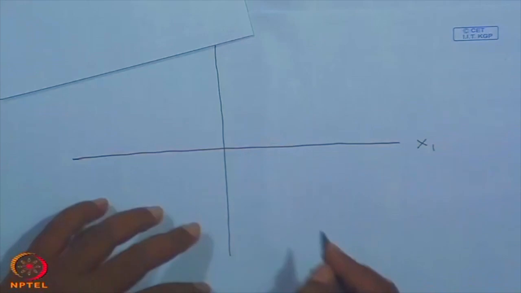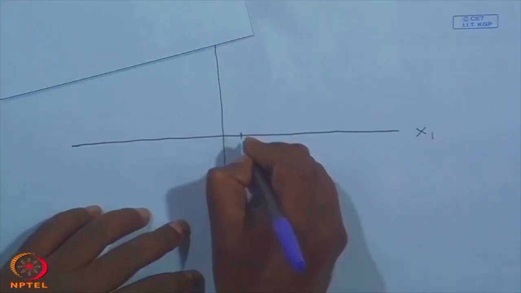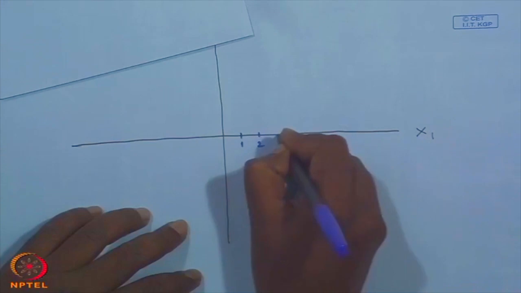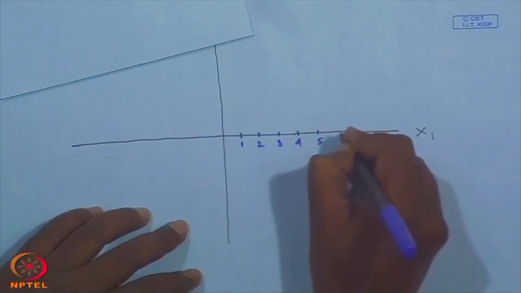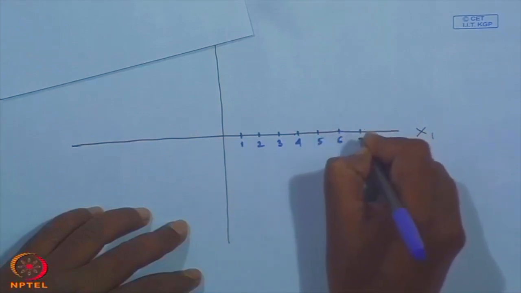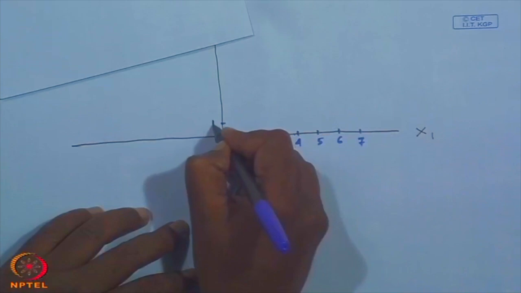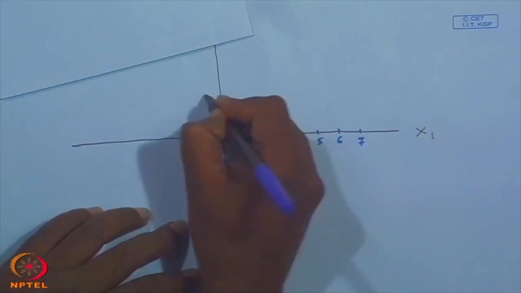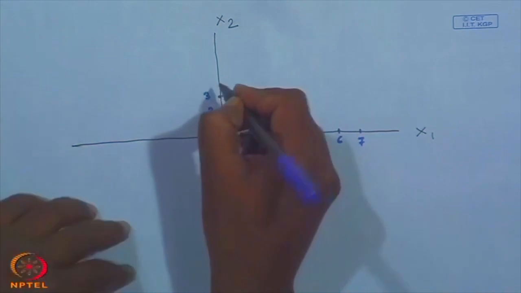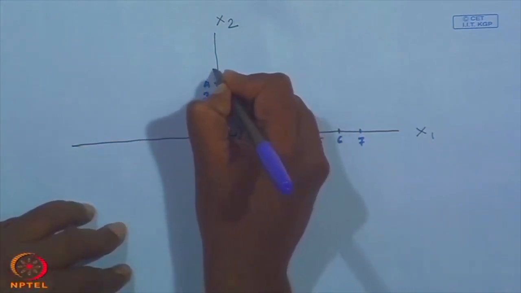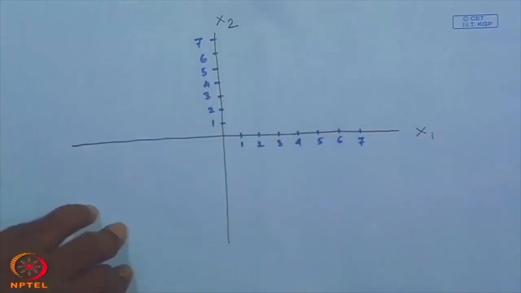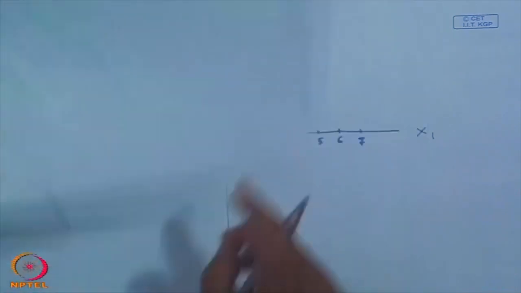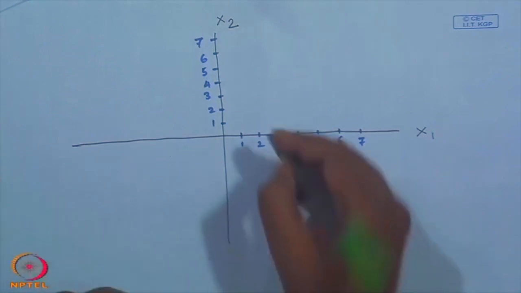Suppose here I have 1, 2, 3, 4, 5, 6, 7 and so on. So, this g12x, which is 3x1 minus x2, will be somewhere over here.